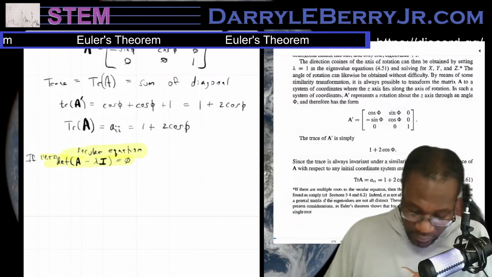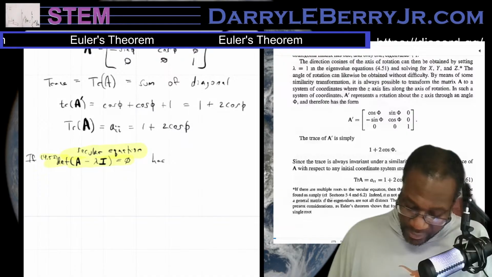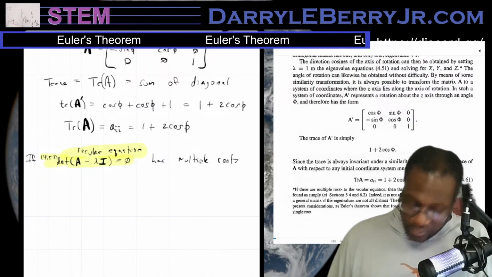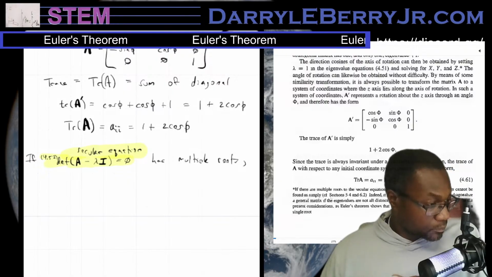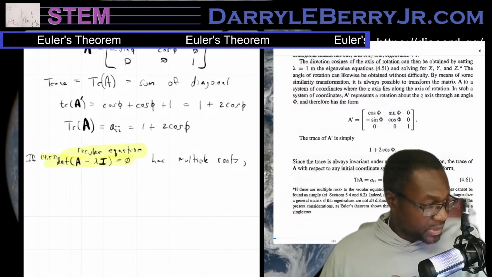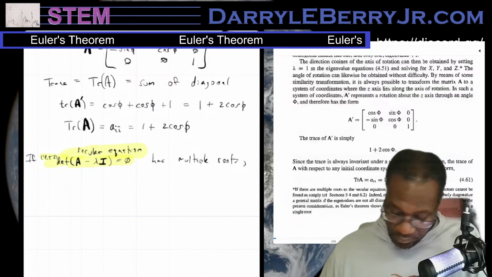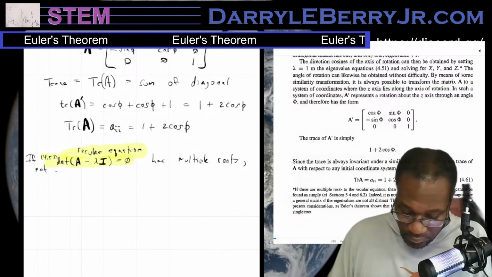So say if the secular equation has multiple roots, so if lambda does not all equal 1, then the corresponding eigenvectors cannot be found as simply. It's not easy.